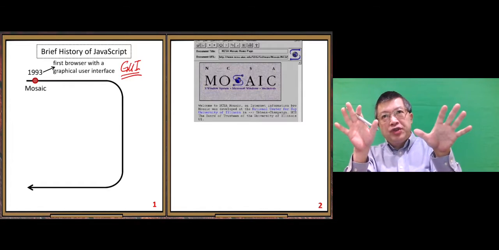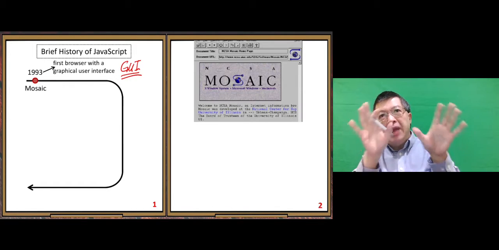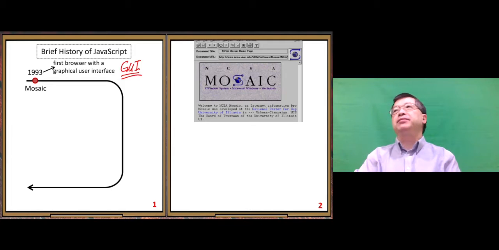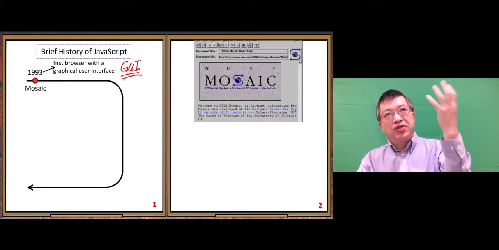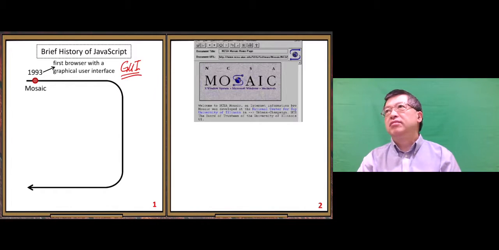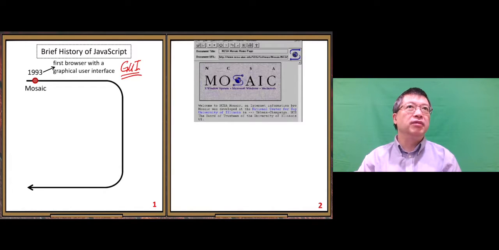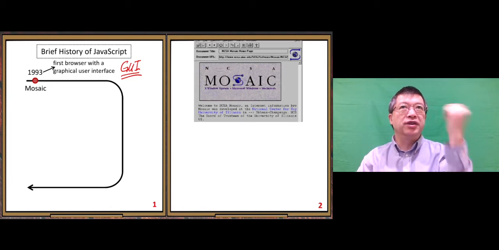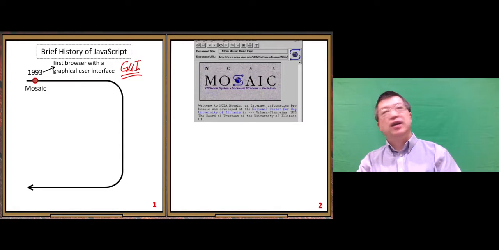Let me describe the situation a little bit at that time, 1993. We know the internet was created, based on what we learned in this class, in 1969, right?